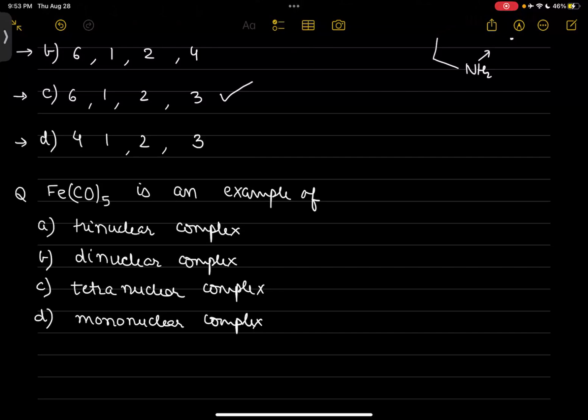Just try to figure out roughly what it can be. The actual meaning will not match with the formula, right? So you need to know what a polynuclear complex means, what a dinuclear complex means, what a trinuclear complex means.